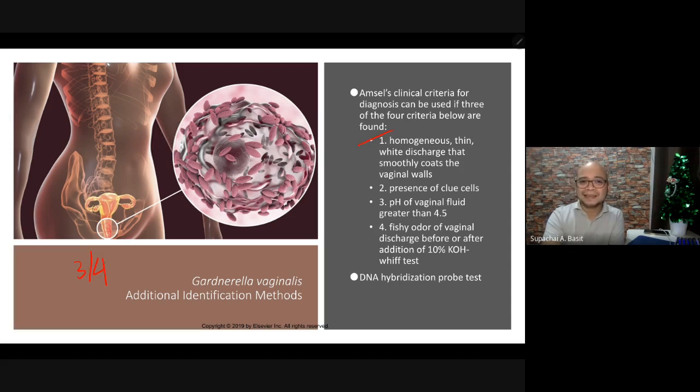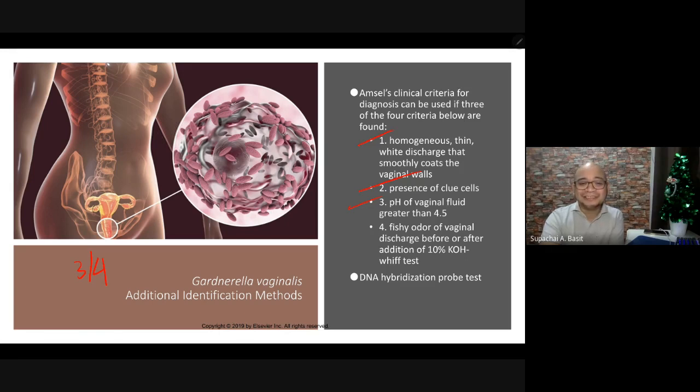The gynecologist will send the sample to the lab. And then in the lab, we will be preparing the smear and looking for the presence of clue cells. So this is the second criterion. The third criterion is we have to measure the vaginal fluid pH. If it's greater than 4.5, then the chances of them having Gardnerella vaginalis would be very high.